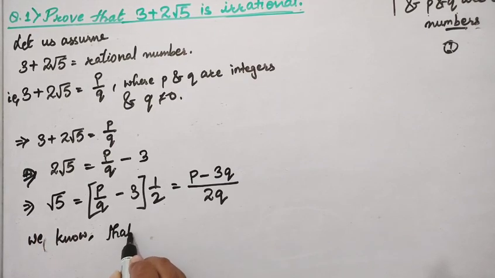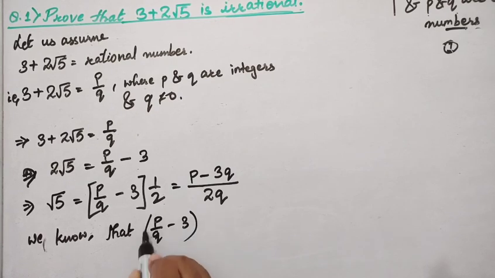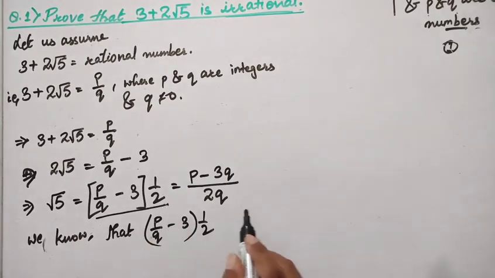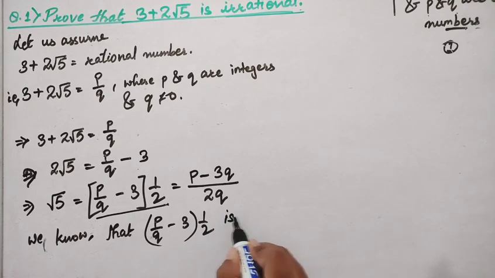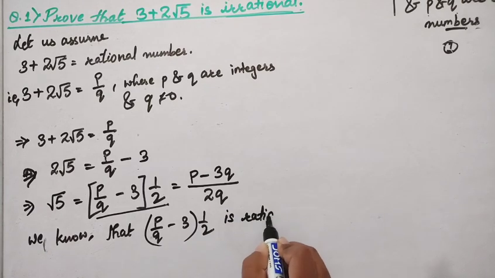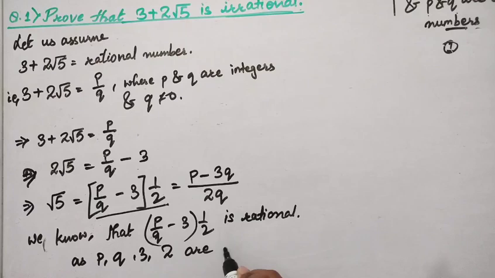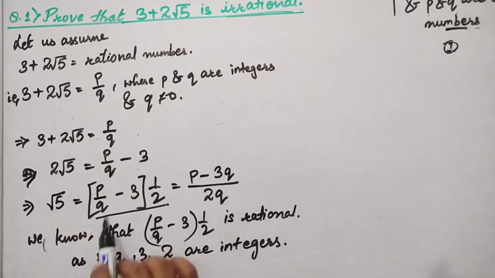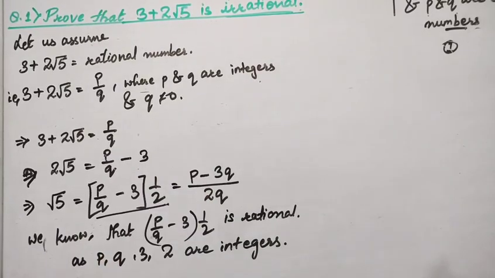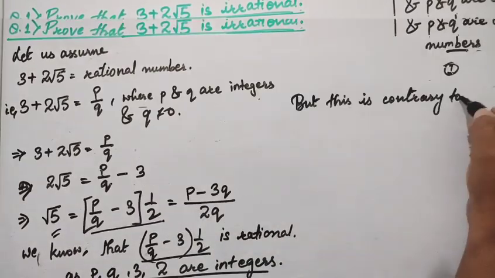We know that this part is rational. Why? Because p, q, 3 and 2 are integers. 2 and 3 are already integers, p and q we have assumed to be integers.